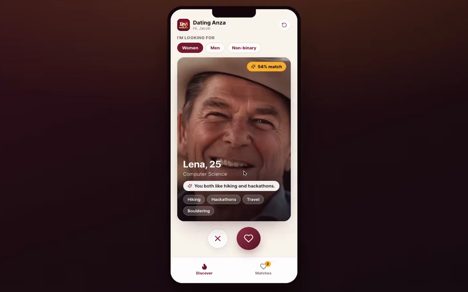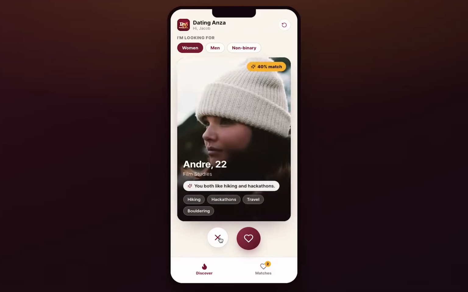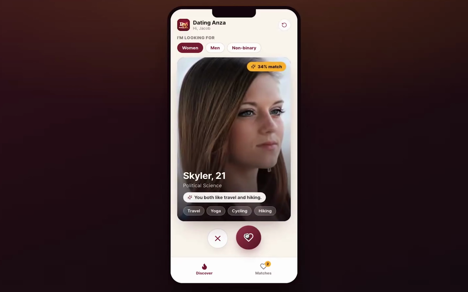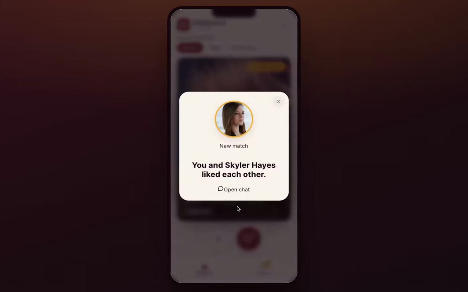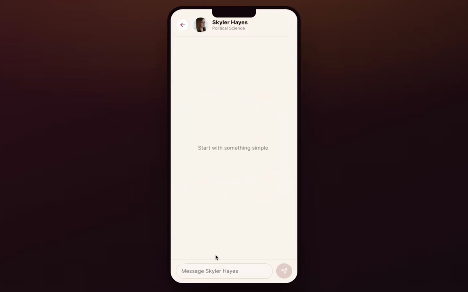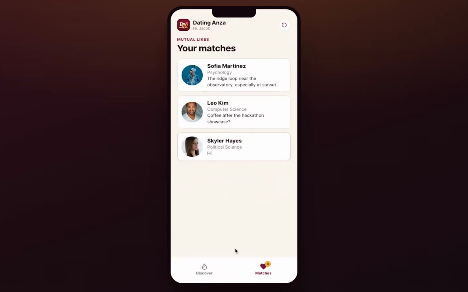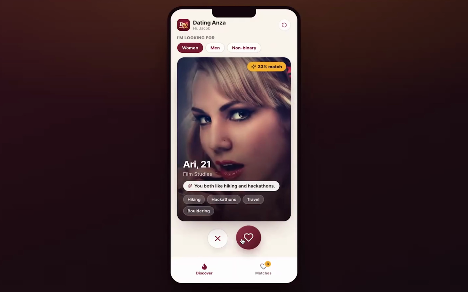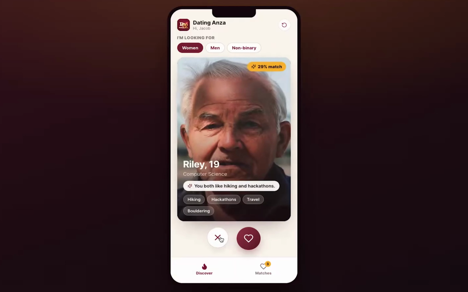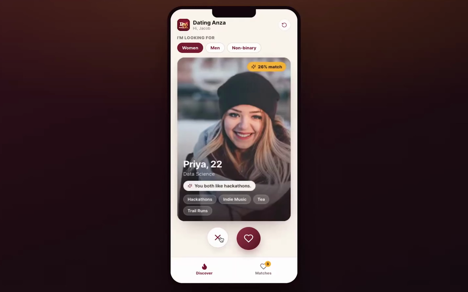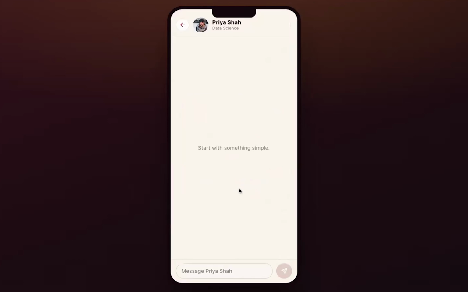Oh, Lena. You don't really look like a girl, but I'm not going to say no to you. Okay, Andre. Okay, so I like Andre. Skylar. Oh, I matched with her, and I can start chatting with her. I can say hi, and then I can go back and keep scrolling. Oh wow. Who are these people? Oh, and then I matched with Priya.